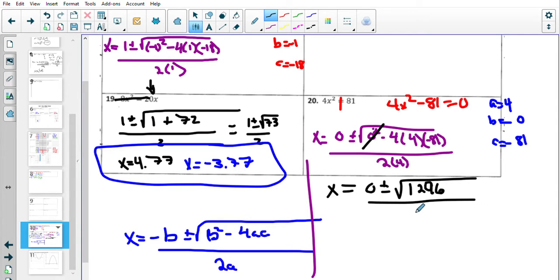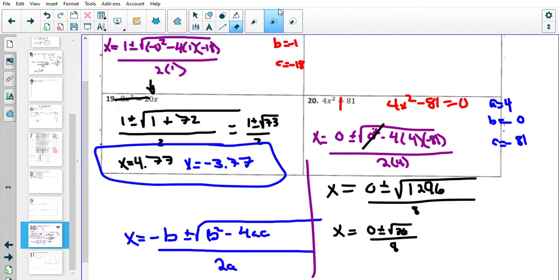And we're dividing that by 8. Okay? Now we're going to take the square root of 1,296, and that gives us 36. So we have 0 plus and minus 36, all divided by 8.